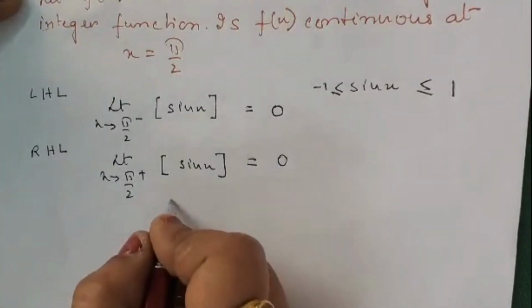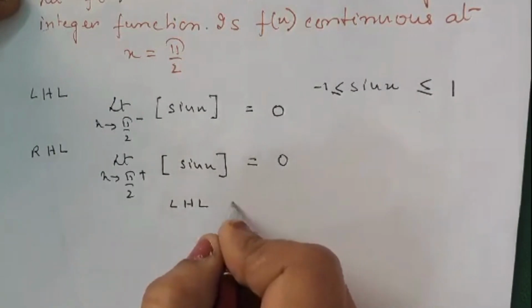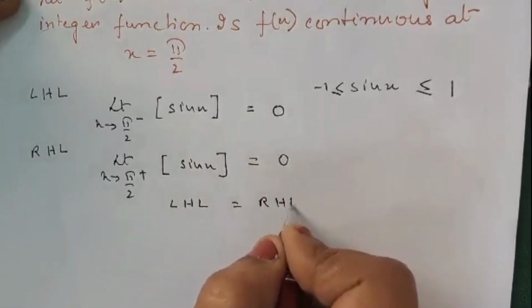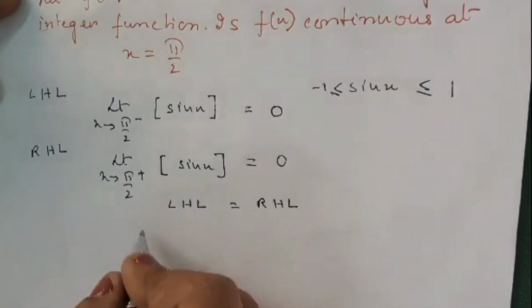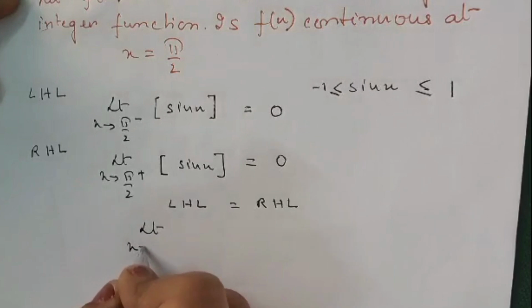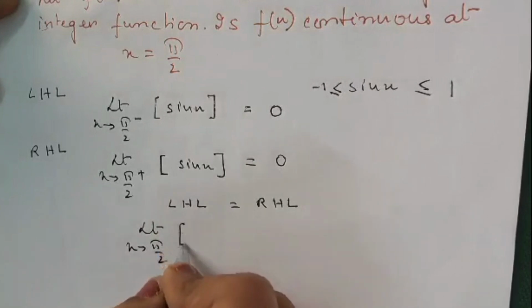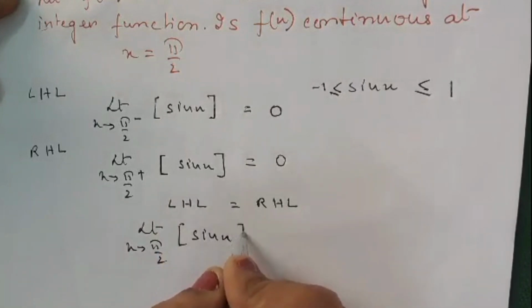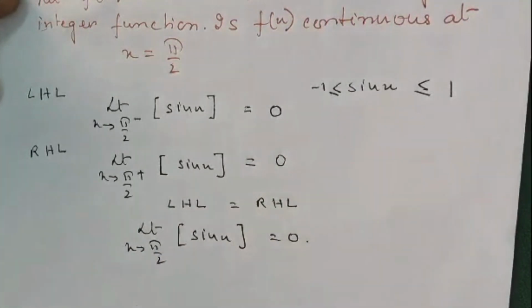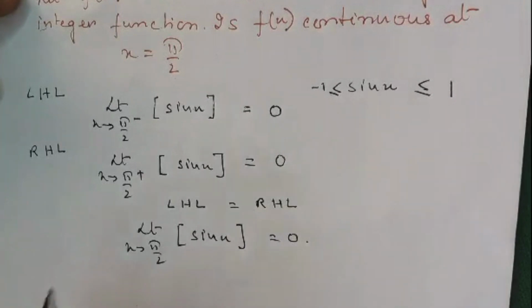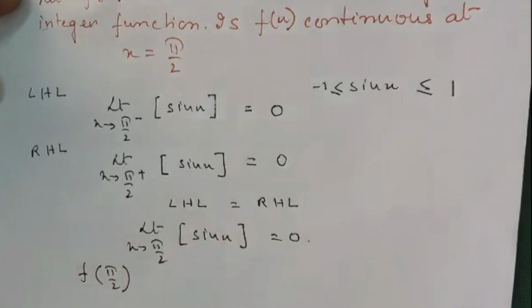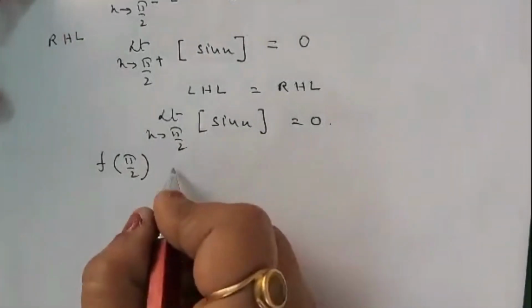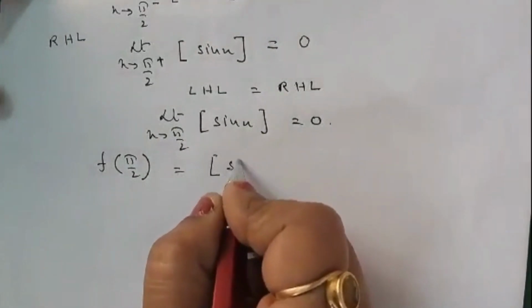So from here we can say that the left hand limit is equal to the right hand limit. Hence the limit of the function exists. So we write limit x tends to pi by 2 box sin x is equal to 0. Now to find out whether it is continuous or not, we have to find the value of f of pi by 2, that is box of sin pi by 2.